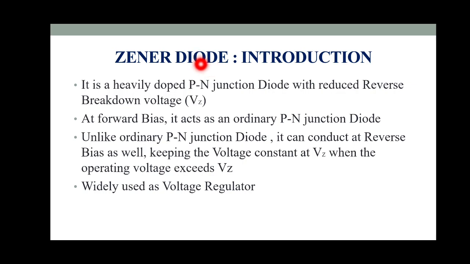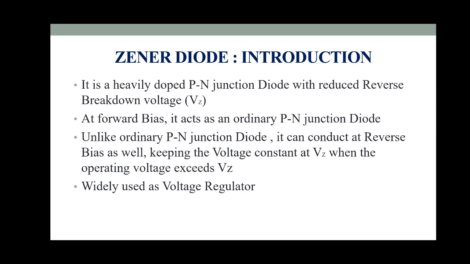Zener diode is a heavily doped PN junction diode with reduced reverse breakdown voltage that can be denoted as Vz. At forward bias, it acts as an ordinary PN junction diode. However, unlike an ordinary PN junction diode, it can conduct at reverse bias as well. Thus, it keeps the voltage constant at Vz when the operating voltage exceeds that threshold limit, that is Vz.